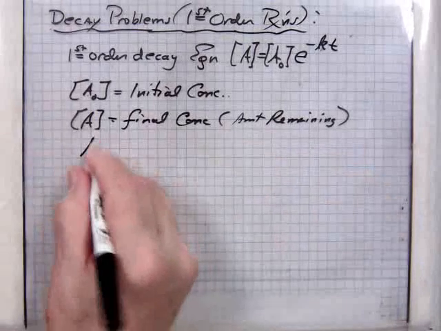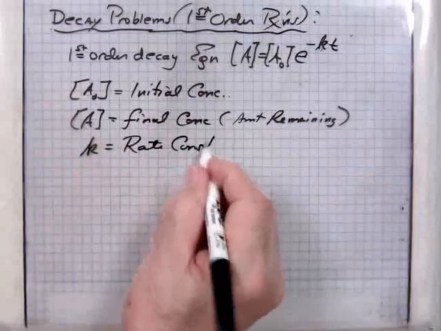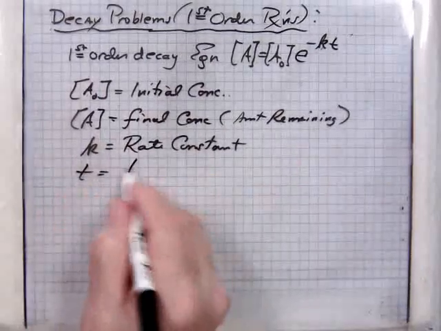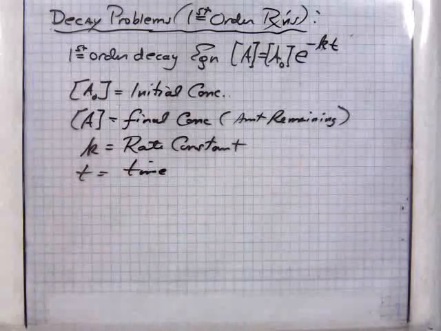K is your rate constant, and T is the time over which you're trying to determine things.